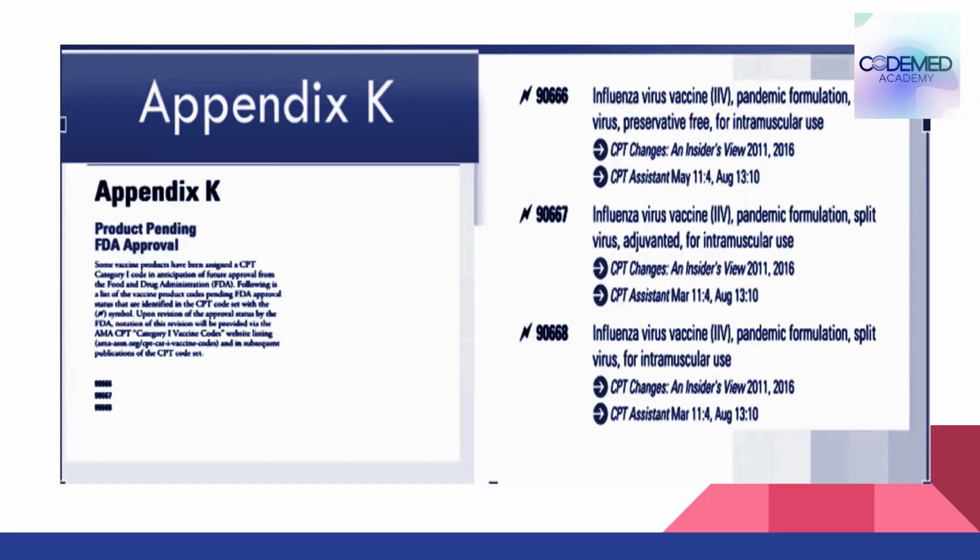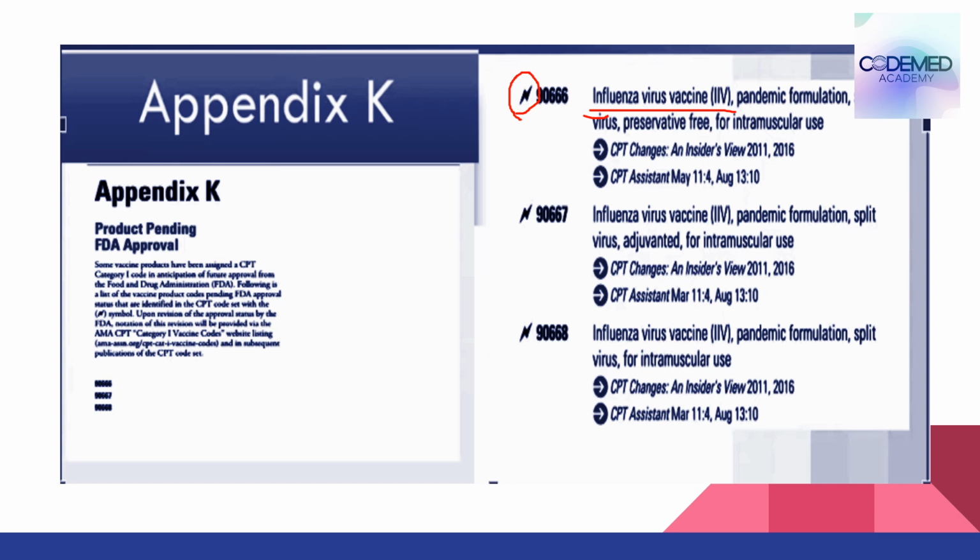Appendix K is for products pending FDA approval, and it is always denoted by the symbol called the lightning bolt symbol. Usually you will see this symbol in front of the vaccine code. Here you can see that there is an influenza virus vaccine code, and in front of that I can see this symbol. Now, what do we mean by product pending FDA approval?